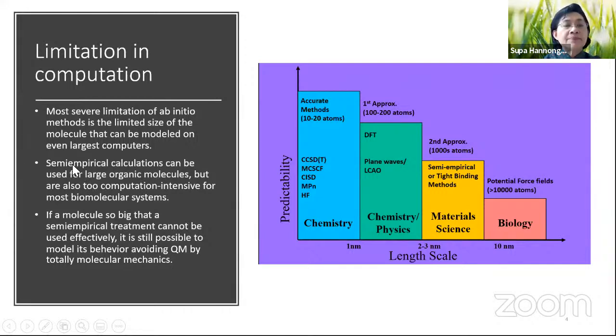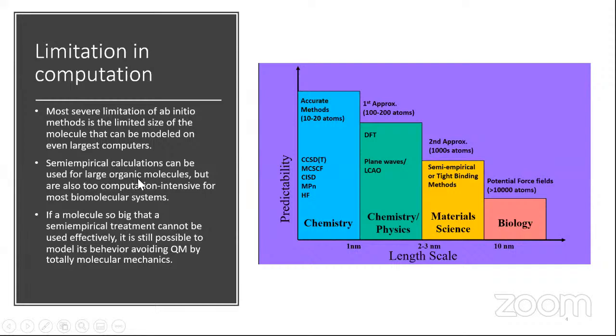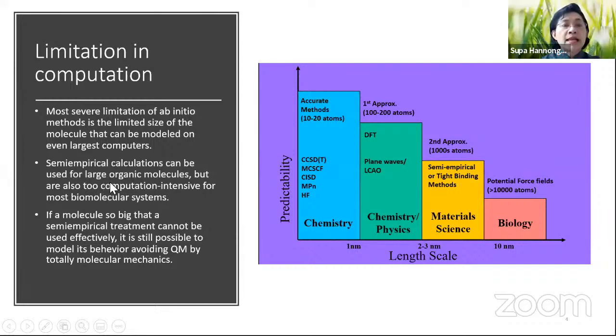And then I have explored a little bit about semi-empirical calculations that can be used to large organic molecules, but also it takes too computation intensive, especially for biomolecular system. And these provide opportunities for molecular mechanics, okay, to combine with both ab initio or semi-empirical, okay.